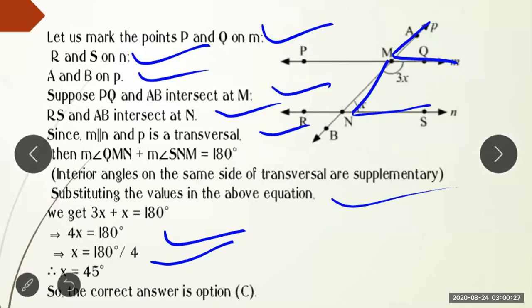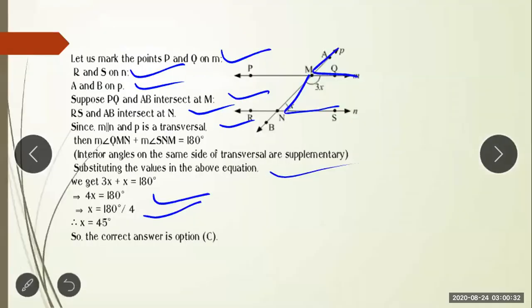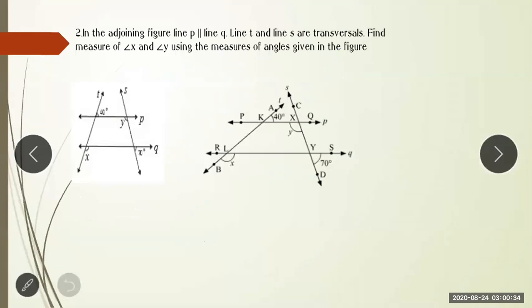I hope you people have written it. Now we will proceed with our second question. Just see, in the adjoining figure, line P is parallel to line Q, and line P and line S are transversals. Here two transversal lines are there.